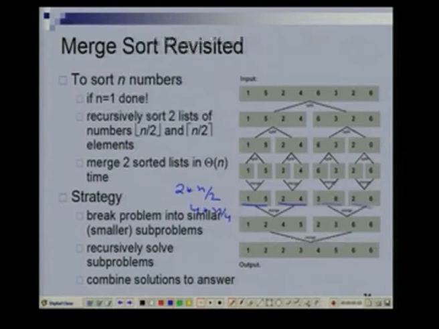The next one would take 8 units of time, and there are n by 8 such merges. Here n is 8, so there is only one such merge, but in general there would be n by 8, and so you would get such a sequence. This is what you have to sum. This is the total time spent by your algorithm. We will see this in a slightly different way in a short while.